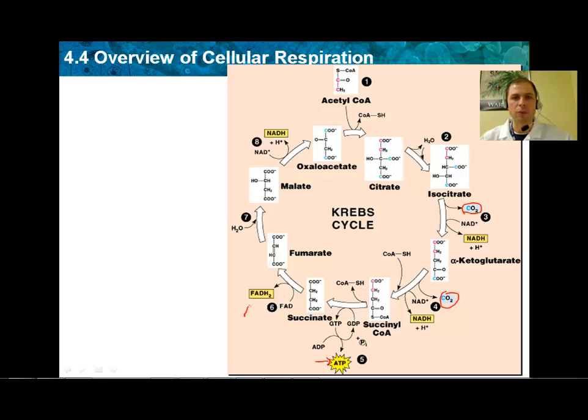In addition, we have produced some electron carriers because molecules came in that needed a hydrogen, and there they have a hydrogen. And we're going to pay close attention to the hydrogen stuck off of NADH and FADH2. So in the end, we fully digested glucose. We started with 6 carbons, and now we're left with 1 carbon. We can't break that down any further.